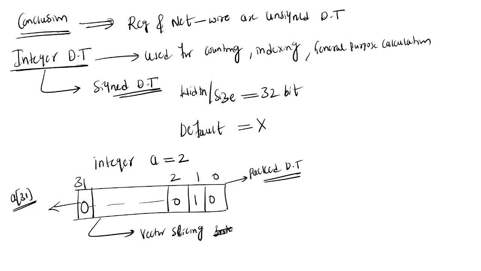Suppose I want to access integer 3 down to 0 of a, this we can't use. You need to remember that vector slicing is not possible.